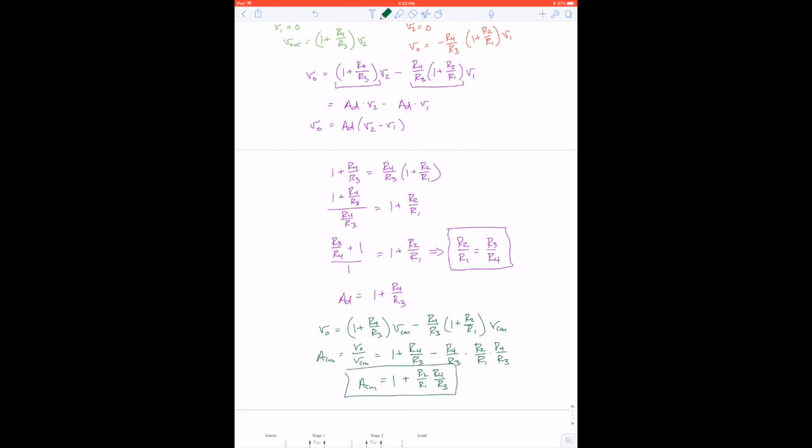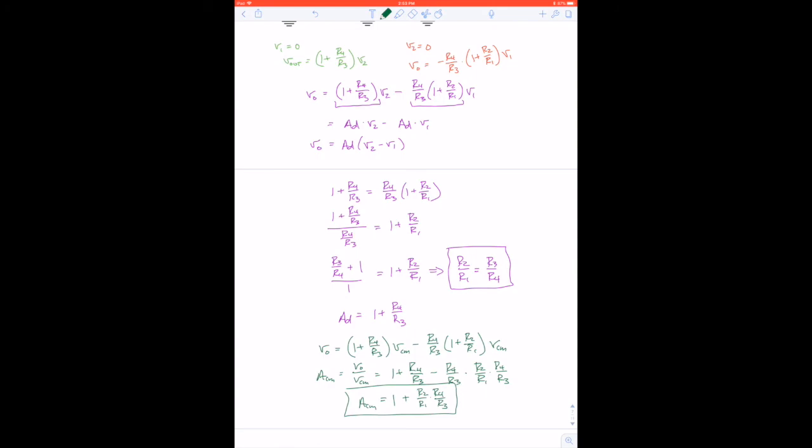If we're given resistor values, we need to first confirm that this is indeed true or very close to true. And if it is, you can just assume that the difference gain is this. Then we can compute the common mode gain, and the ratio of the difference gain to the common mode gain in dB is the common mode rejection ratio.